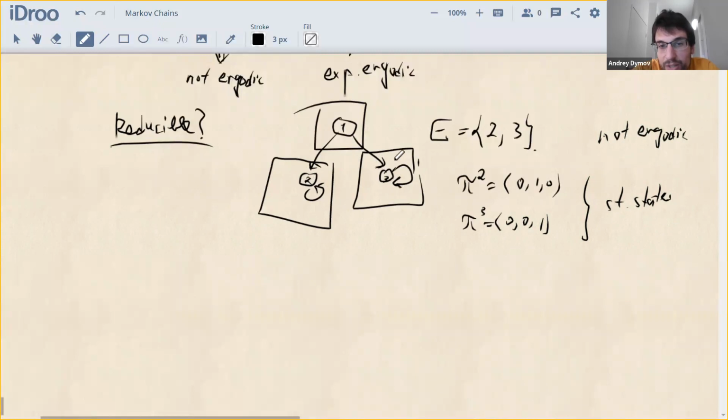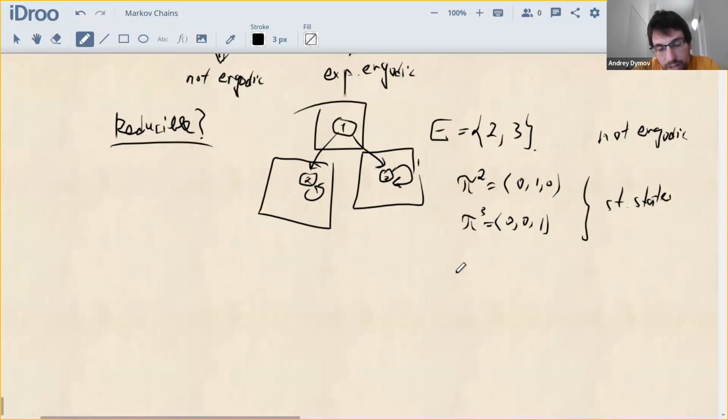Each consists only of a unique state. The reason is clear: starting at state 1, you can go either here or here, and then you'll have different lives. One life will always be here, and another will always be here. So no mixing, right? You have mixing after you have arrived at the minimal communicating class. Once you have arrived, here you'll have ergodicity, but you cannot guarantee that you'll arrive here. Maybe you'll arrive there.